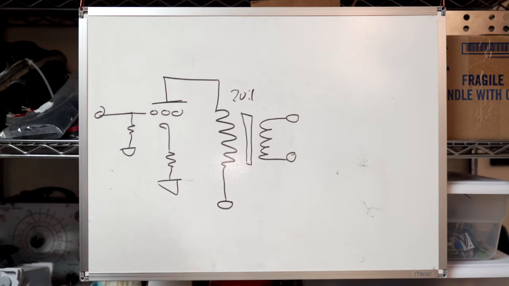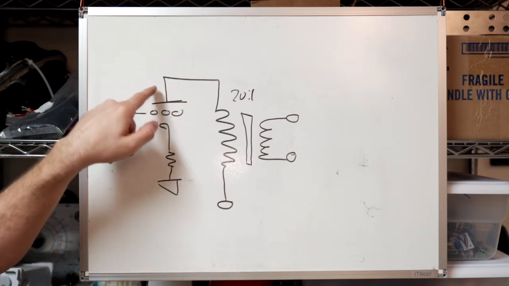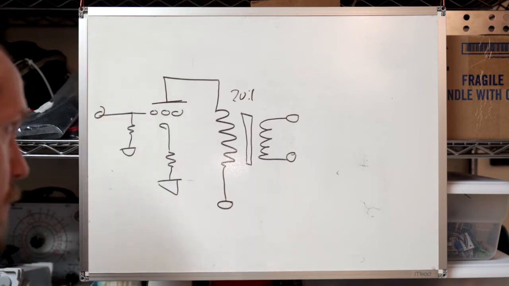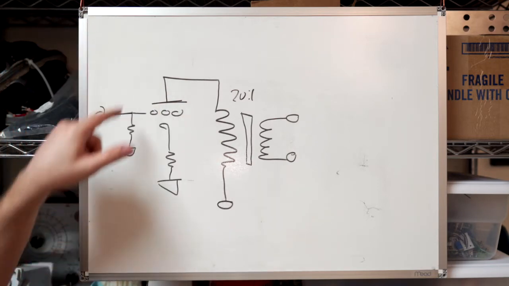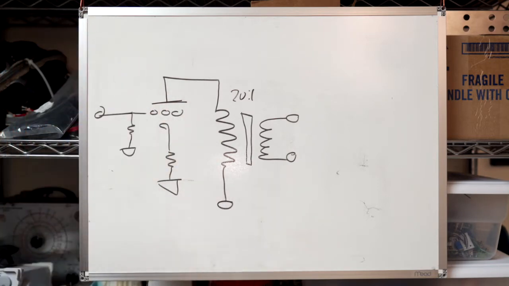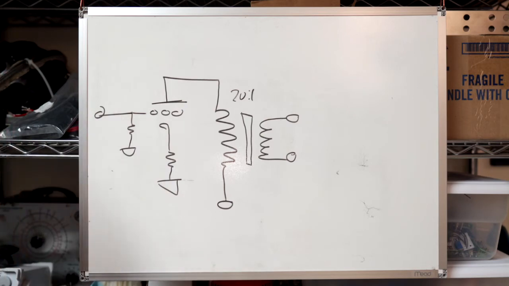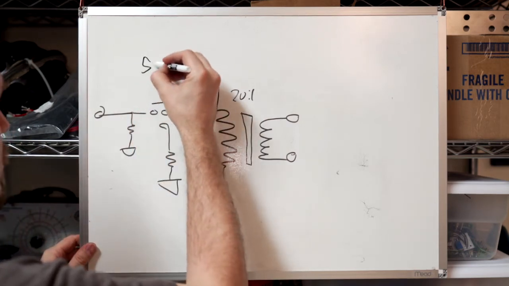And it transforms the impedance of the plate of your tube by the square of that, right? And so it takes it down quite a lot. So you're like dividing by 400 or something like that. And so if it's a triode, your output impedance of the triode might be 500 ohms.